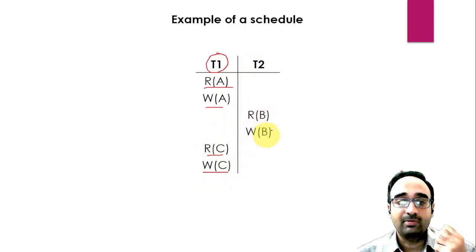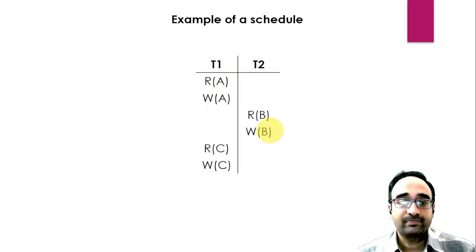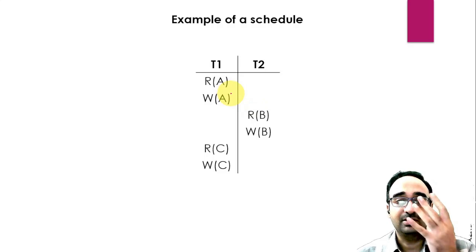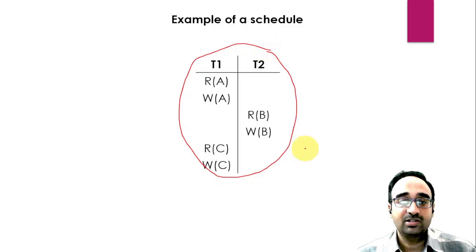How many operations are being performed by transaction T2? Two: read and write, read on B, write on B. And what are the different database objects in this schedule? There are three database objects: A, B, C. So this entire thing is called a schedule.